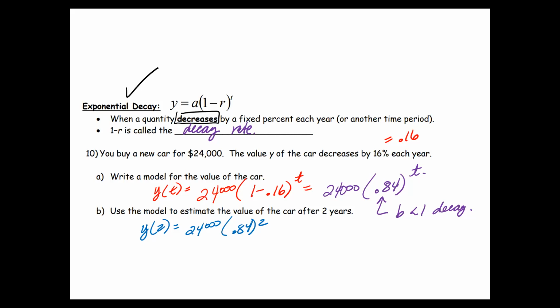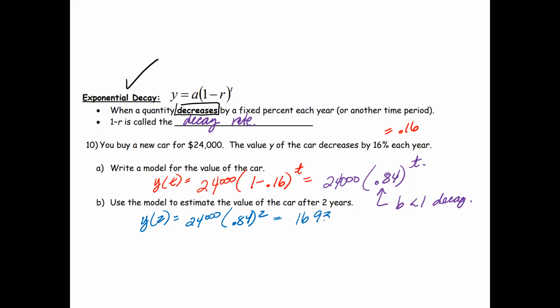So your car is going to be worth only $16,934 and 40 cents. And that's after 2 years. You just lost $8,000 or so worth of your car if you buy a brand new car.